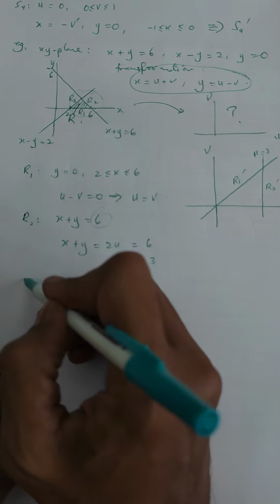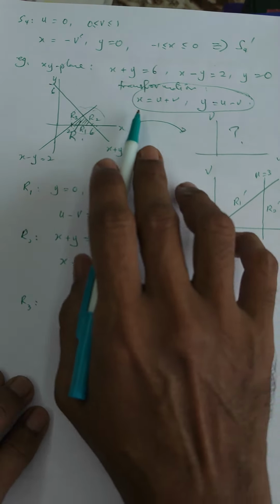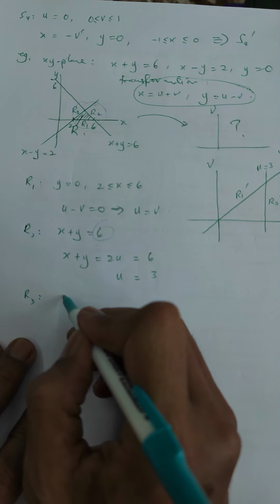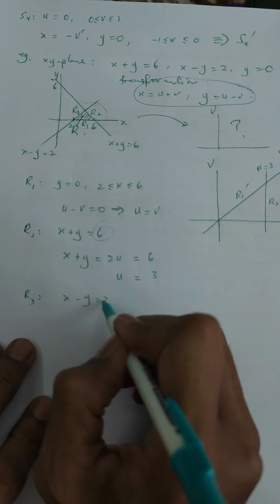And then for R3, we have x minus y equal to 2.